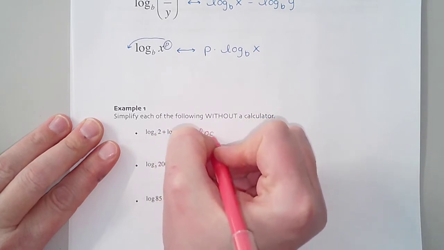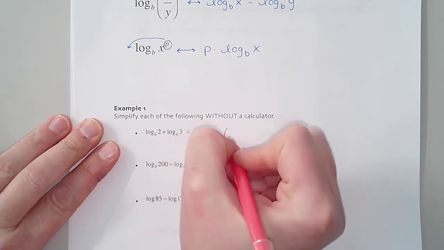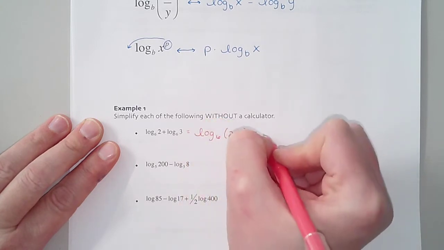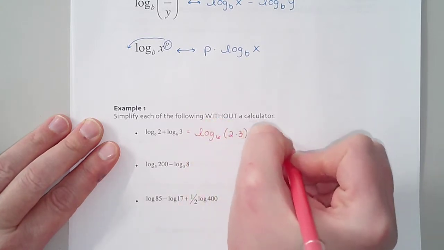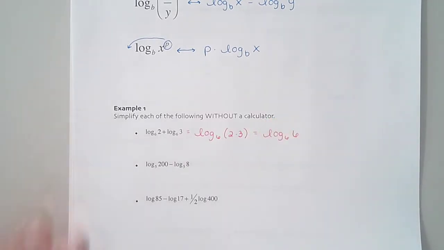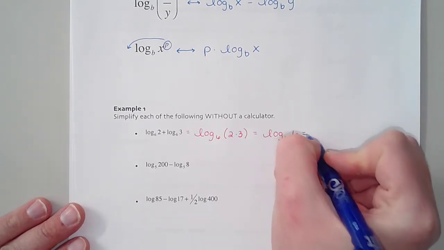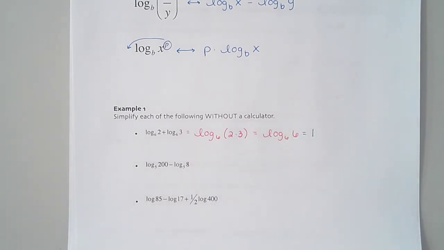So I can say log base 6 of 2 times 3, which is really log base 6 of 6. That's looking a lot better, right? Because now what I'm asking is, 6 to what power makes 6, and that's really easy. The answer to that is just 1.